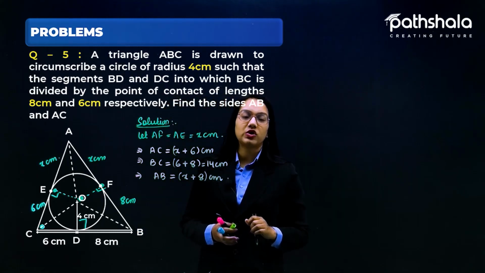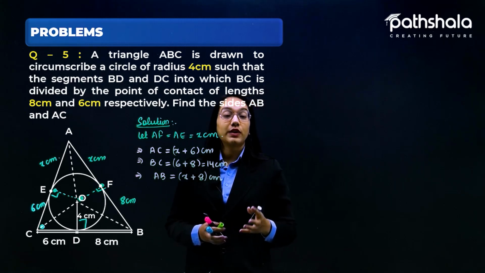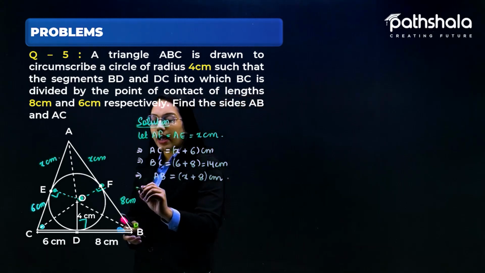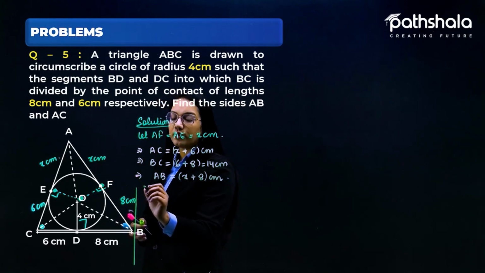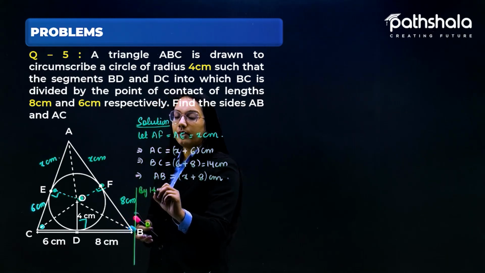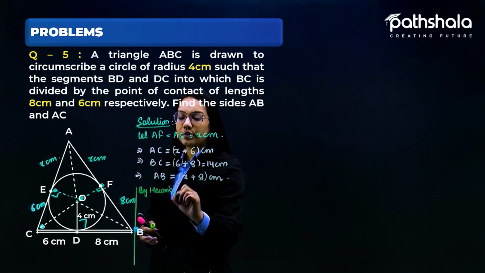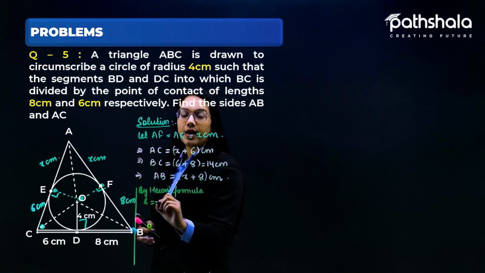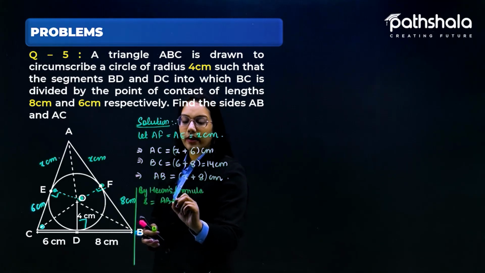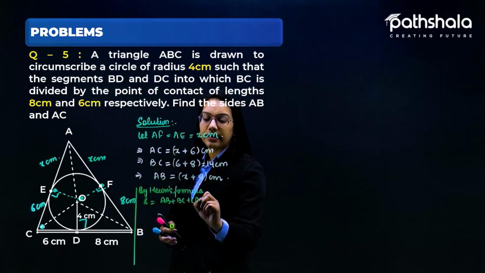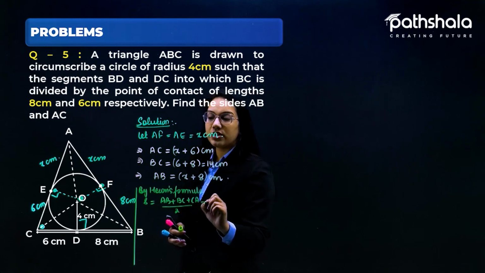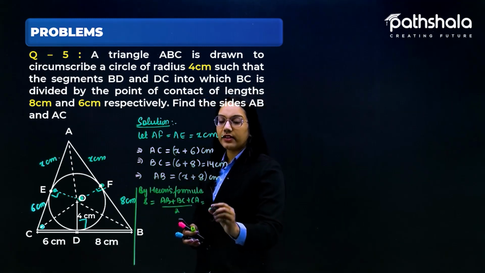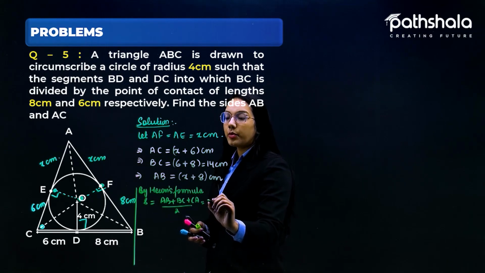Let us start by finding the semi-perimeter of this triangle. By Heron's formula, we know that S is equal to AB plus BC plus CA divided by 2. Let's substitute all the values to get the semi-perimeter.